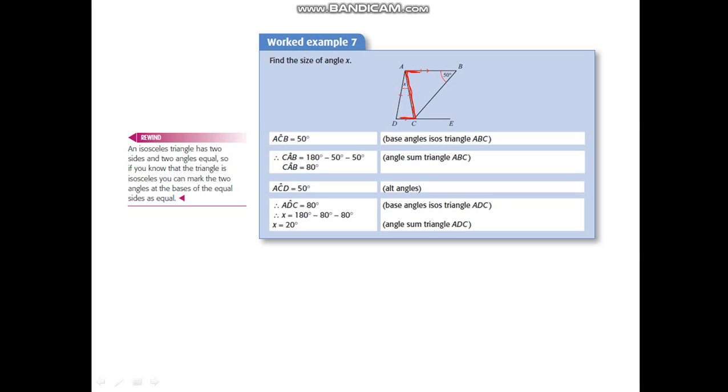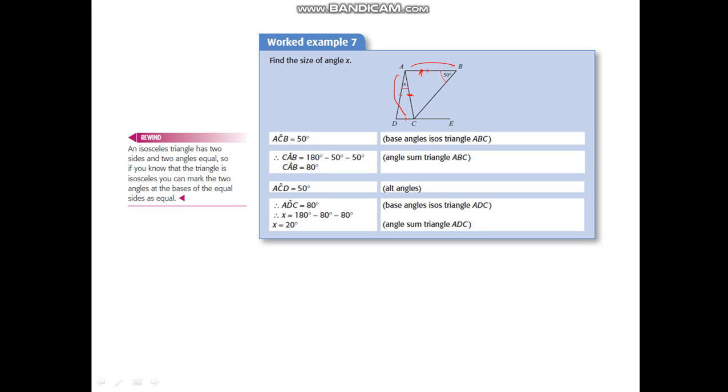I can use alternate angles of parallel lines. Don't forget. So if you find here, you can also find this angle C. And as second info, I can see these two sides are equal to each other.